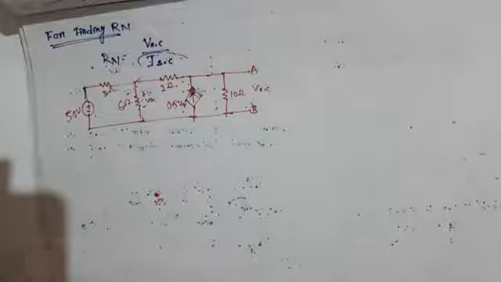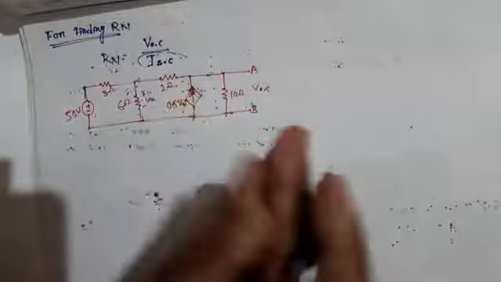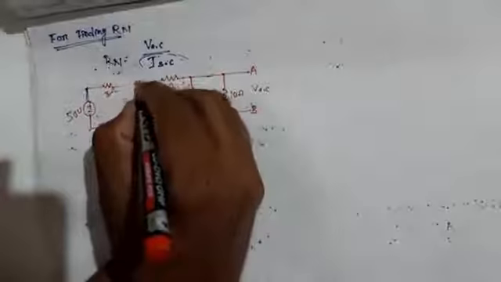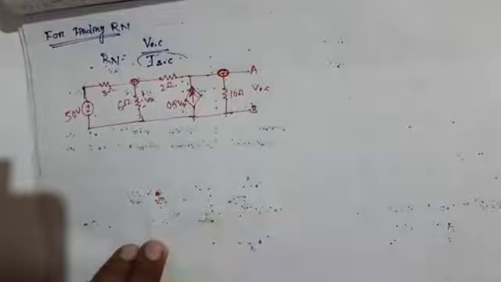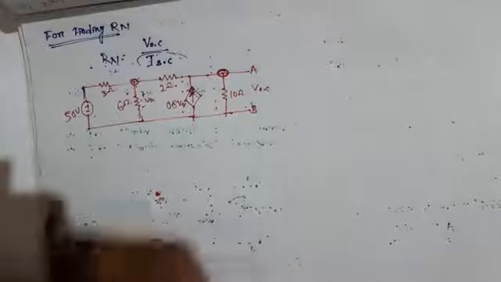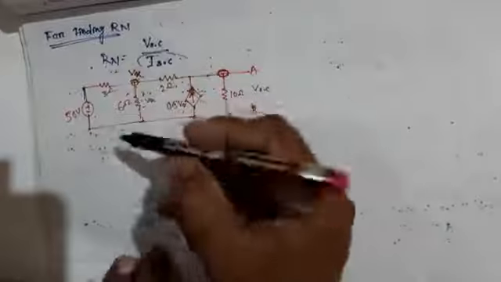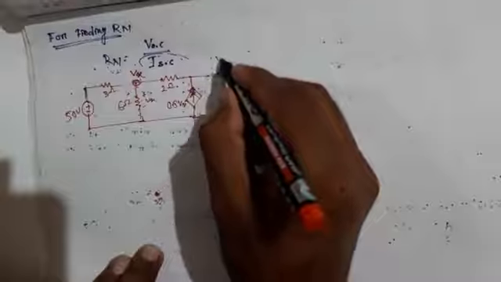To find this voltage, I am going to apply two node equations. Here is one node and here is the other node, so that we can find this open circuit voltage. Let this be node 1, the node Vx, because this potential is Vx. Here the node voltage is VOC. First we apply the node equation at Vx.